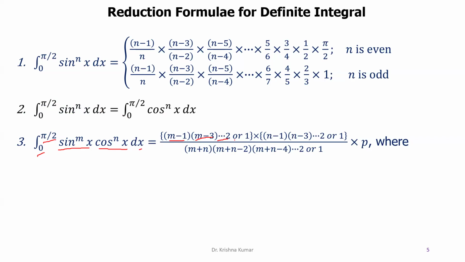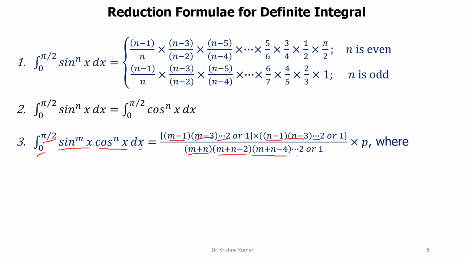It depends upon whether the value of m is even or odd, which is multiplied by n minus 1 into n minus 3 into n minus 5, and it will again give us either 2 or 1 based on the value of n, whole divided by m plus n into m plus n minus 2 into m plus n minus 4 into m plus n minus 6.